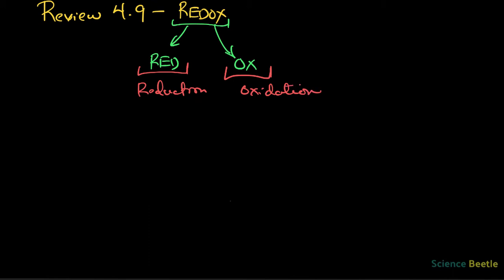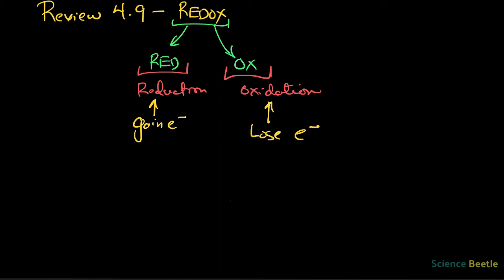Reduction is associated with the gaining of electrons, and oxidation is involved in the loss of electrons. It's important that we break this down.